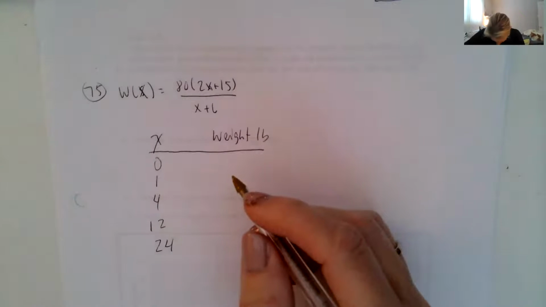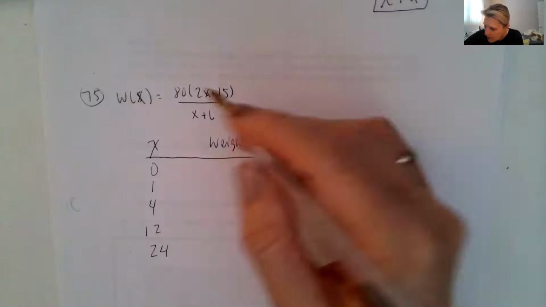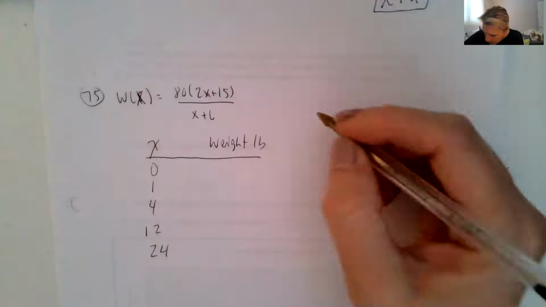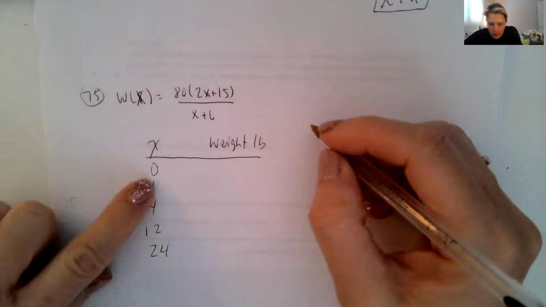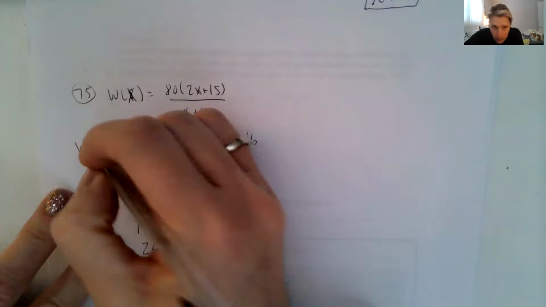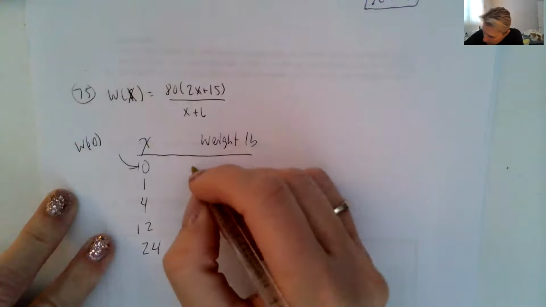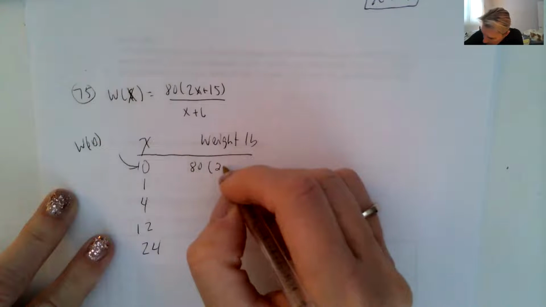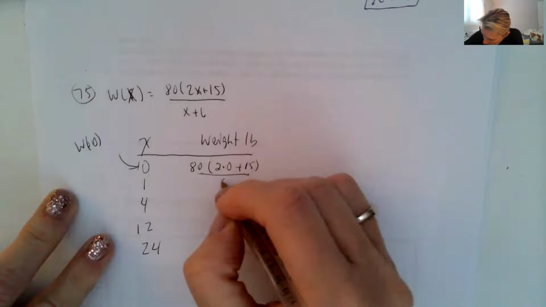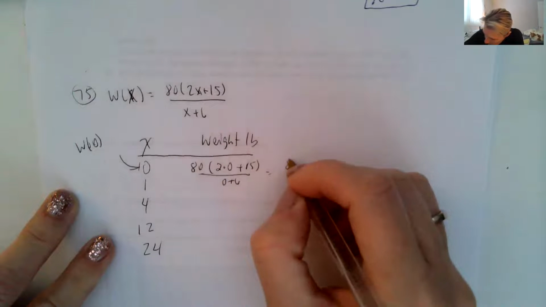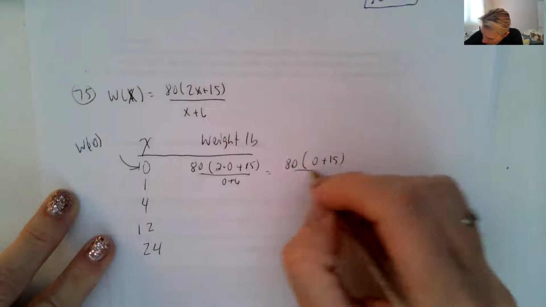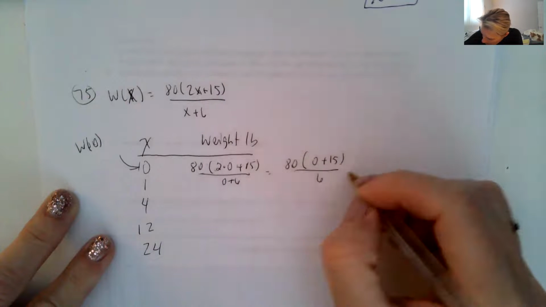And I really want us to just get practice. This is using a function. So this is the W of x function, where x is my input. So this right here is like saying W of 0. So we're putting 0 in for x. So 80 times, 2 times 0 is 0, plus 15, over 0 plus 6, is 6.